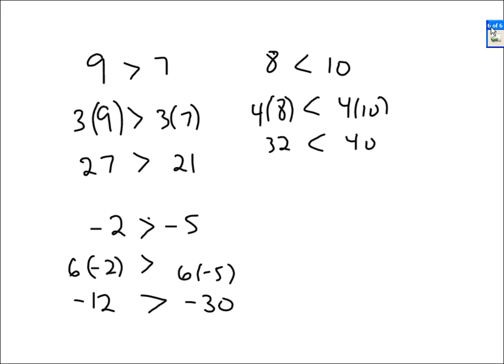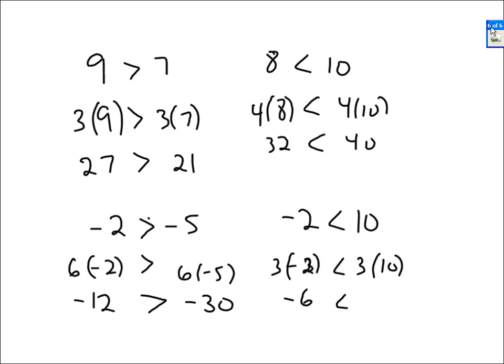The sign doesn't change, even if I start off with negative numbers. If one number is negative and the other one is positive, negative 2 is smaller than positive 10. If I multiply, say, by 3, well, a negative number is smaller than a positive number.